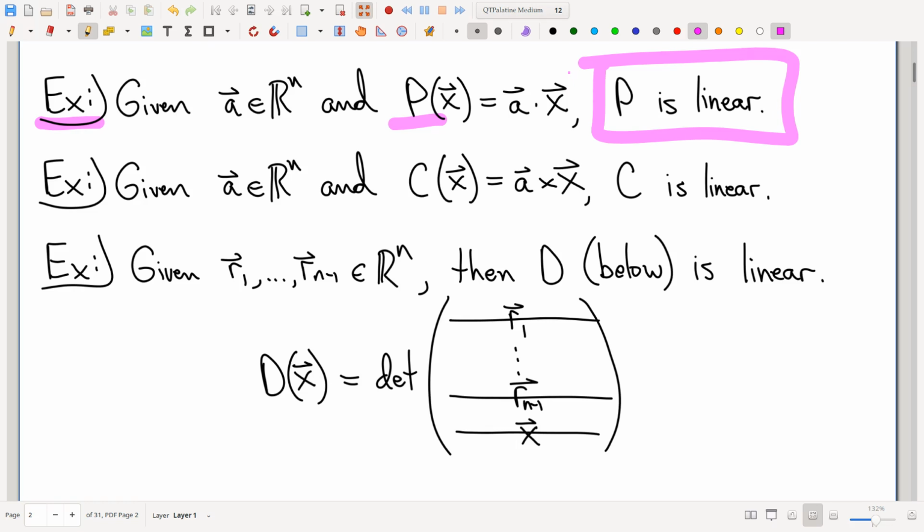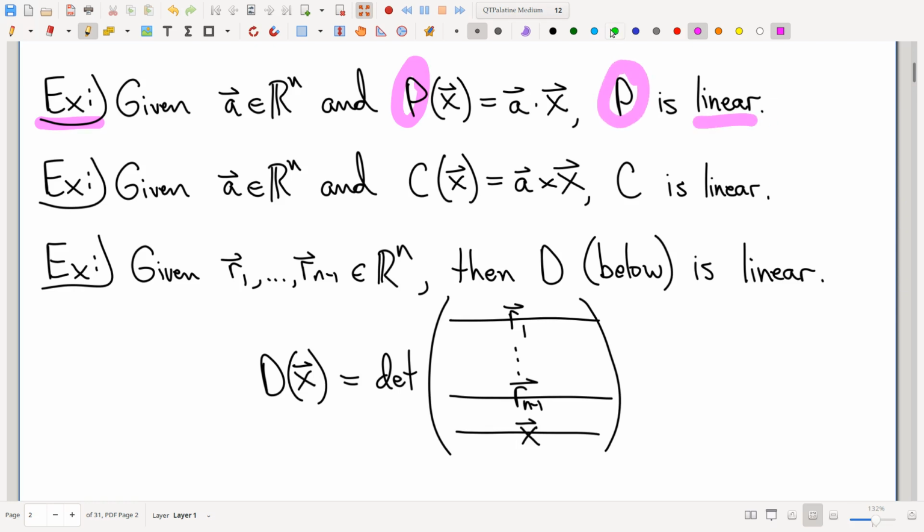A lot of times we'll say this a little bit casually, a colloquial phrasing. We'll say dot products are linear, and I want to talk about why we would phrase this as such. Keep in mind we're talking about this function p, claiming that it's linear. Well, what does p do?